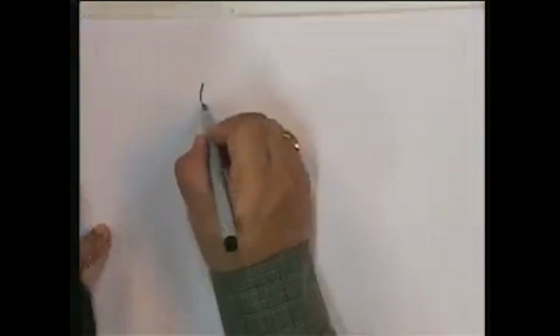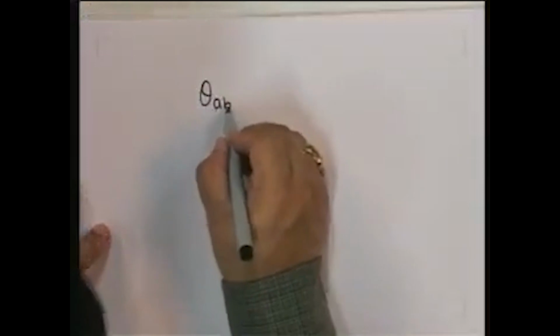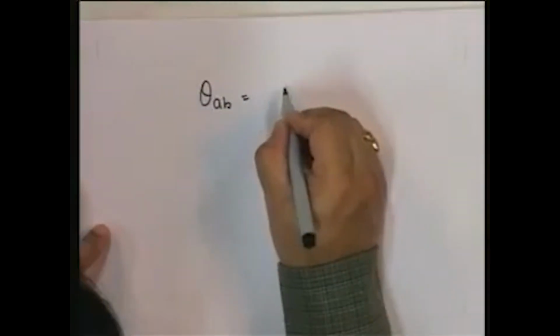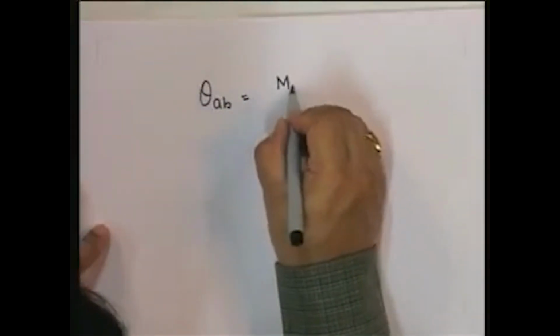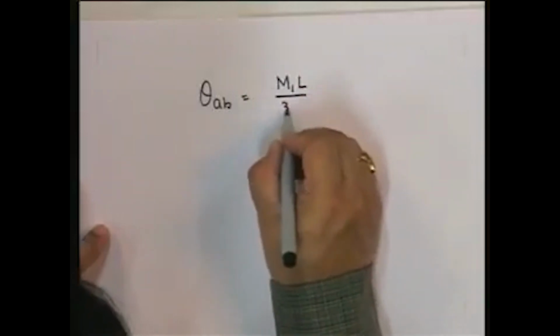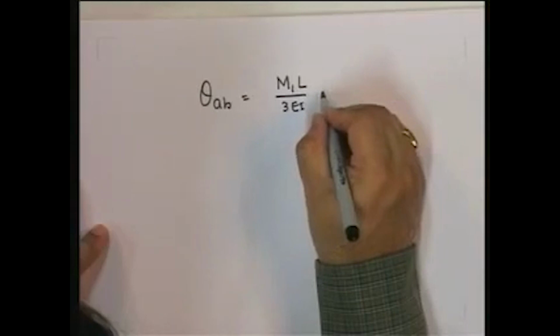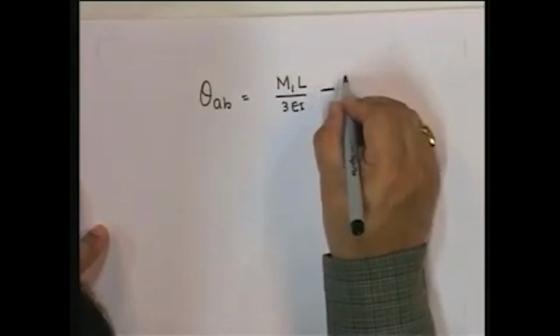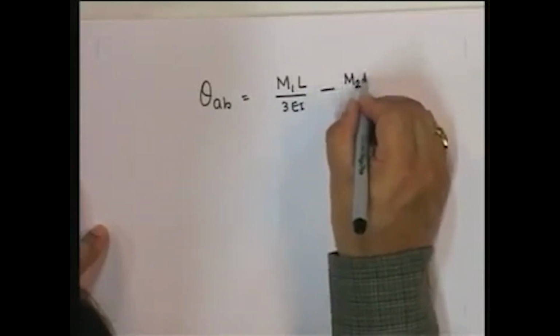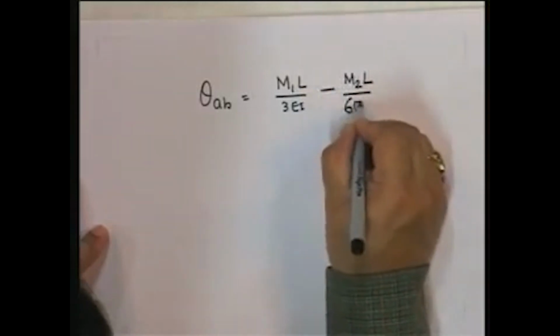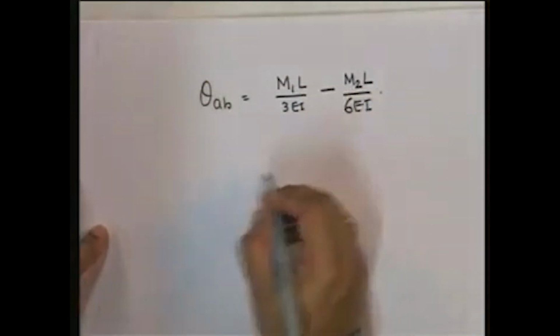So now, since I have obtained it for each individually, I'm just going to add both of them up. And when I add both of them up, what you get is theta AB is equal to M1 L upon 3 EI minus M2 L upon 6 EI.